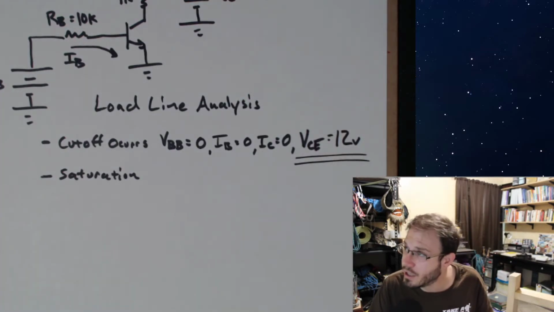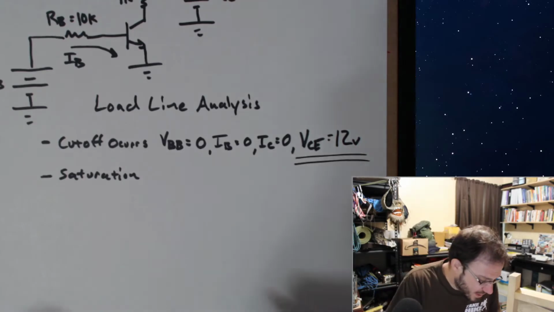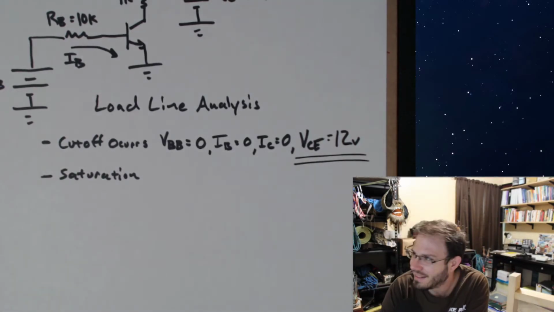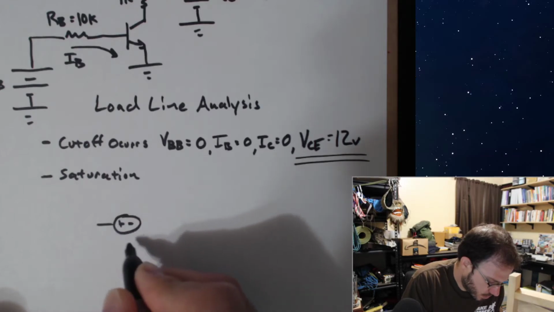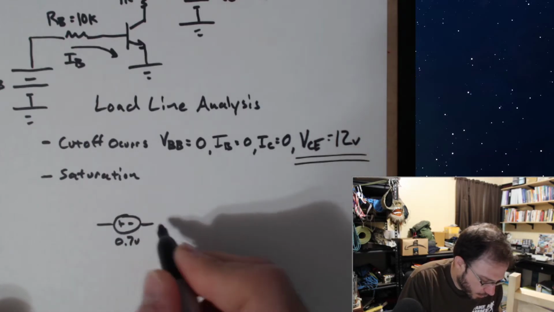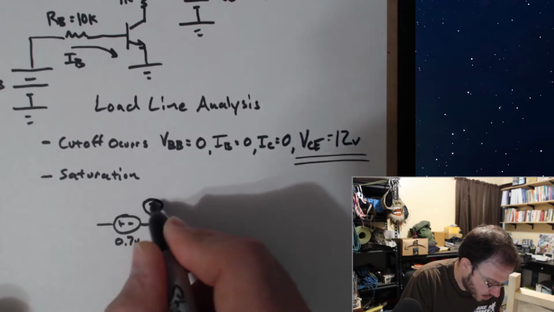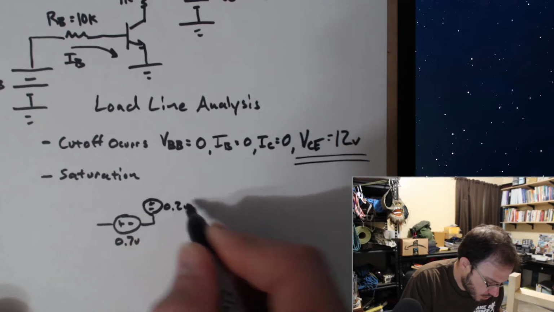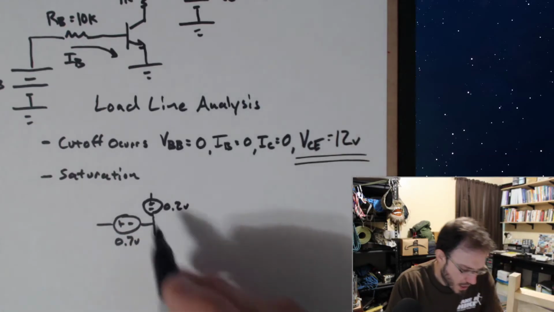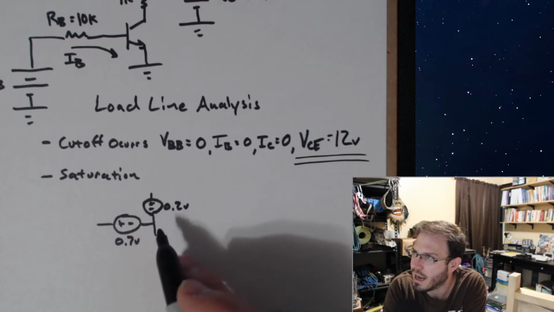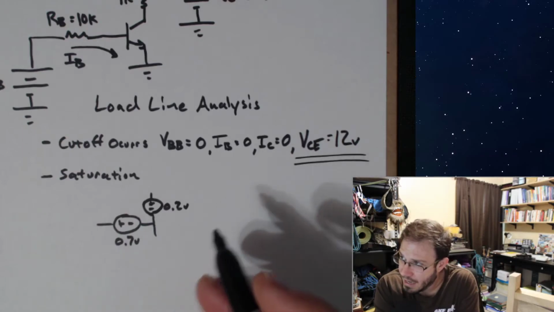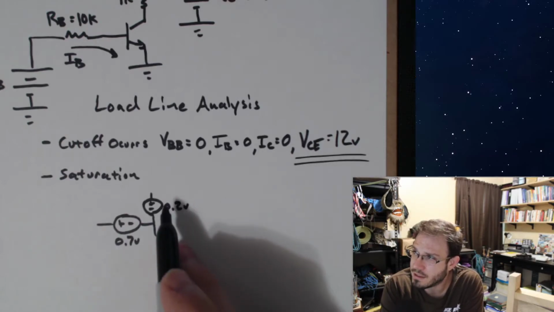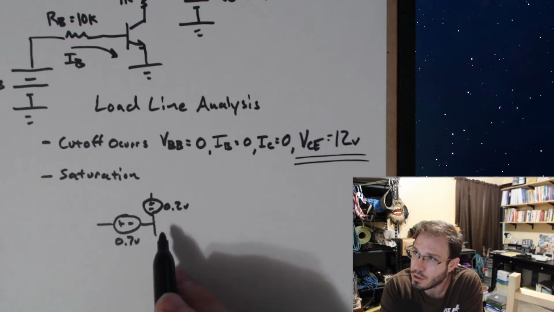When we have saturation, we look at the saturation model, and the saturation model says we get 0.7 volts there, and 0.2 volts between the collector and the emitter. If we're talking about what our transistor's doing in saturation, yes, this is true. We would take it to be 0.2.